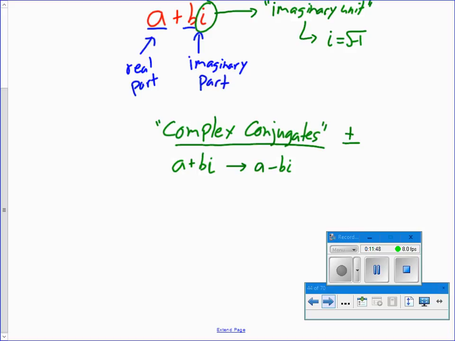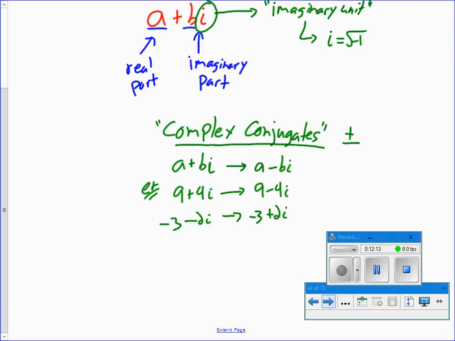So a couple examples, if I had, let's say, 9 plus 4i, one complex number, the conjugate would be 9 minus 4i. If I had negative 3 minus 2i, the complex conjugate would be negative 3 plus 2i. So you have the same real part, but the opposite imaginary part.